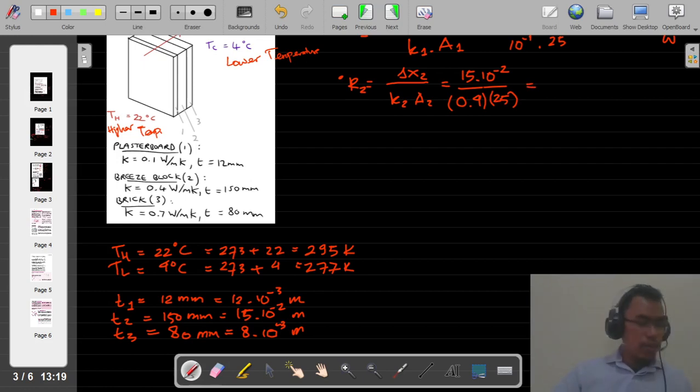Okay, so I will use my calculator again, and I got 15 times 10 to the power of minus 2 divided by 0.4 times 25. So I got 0.015 Kelvin over watt.